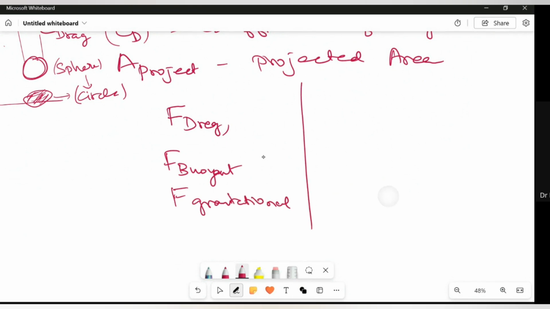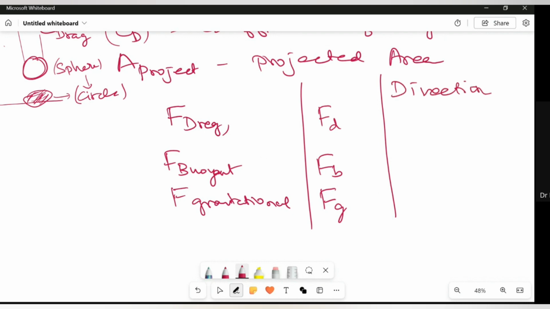So you have F gravitational, F buoyant, and F drag. And we know the gravitational force acts downwards, the buoyant force acts upwards, and the drag force acts upwards.